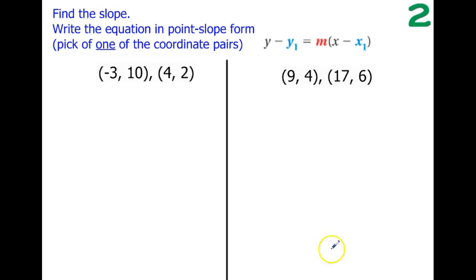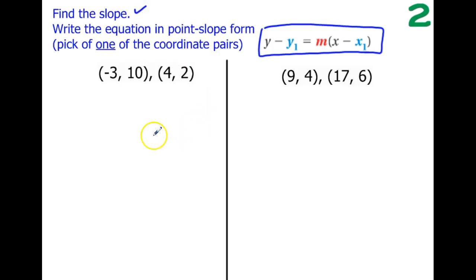We're going to do the exact same thing now. We're going to plug our point and our slope into this equation. But the only difference is this time we have 2 points, so we need to pick one. And first we need to find our slope. So I'm going to use my slope formula, y2 minus y1 over x2 minus x1, to find my slope.